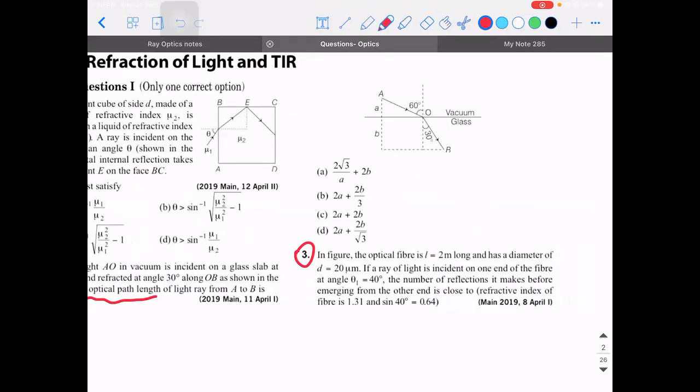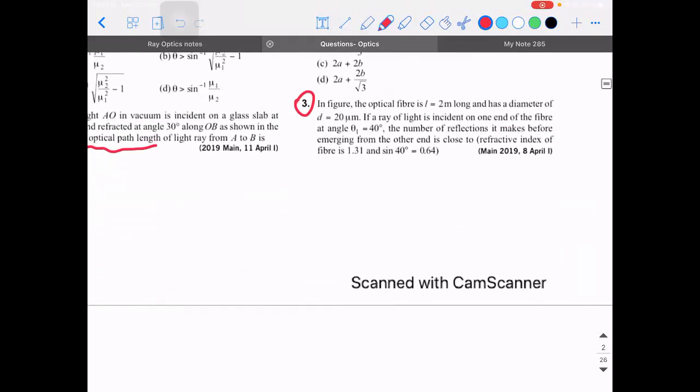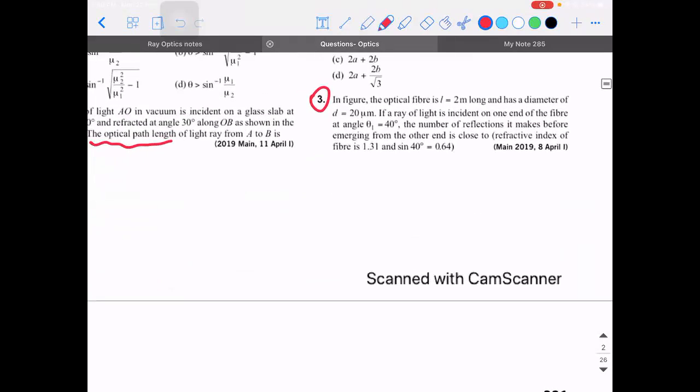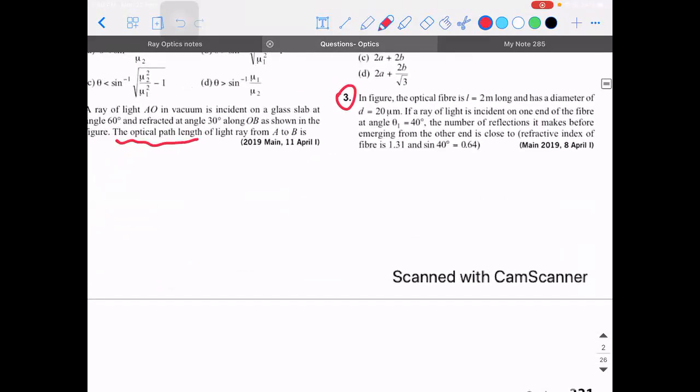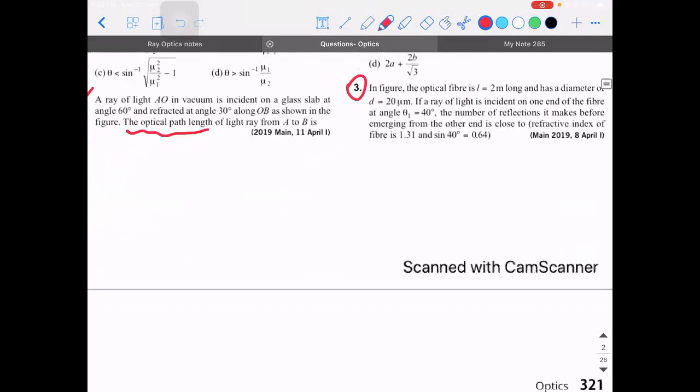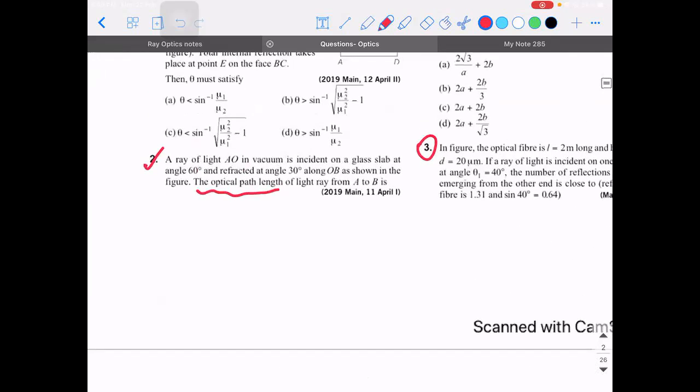Third, you try. In the figure, the optical fiber is 2 meter long and has a diameter of 20 micrometer. If a ray of light is incident at one of the ends of the fiber at theta equal to 40 degrees, the number of reflections it makes before emerging from the other end is close to how much? The refractive index of the fiber is 1.31 and sine 40 can be considered to be 0.64.